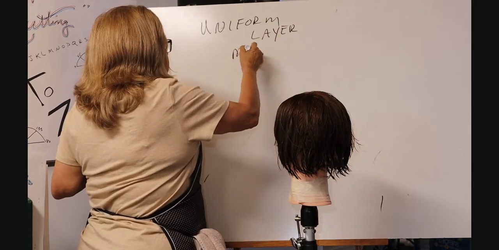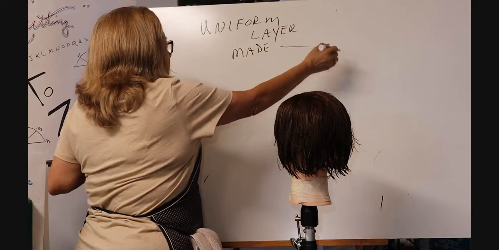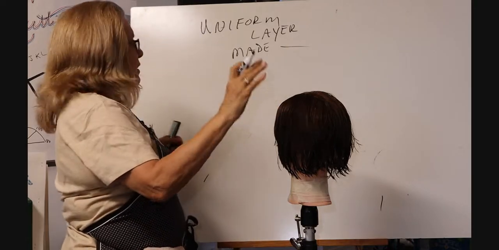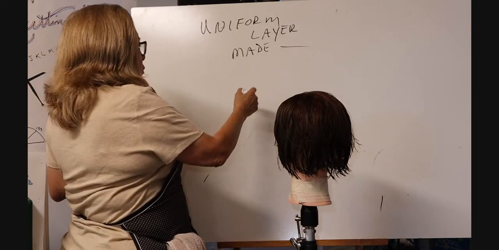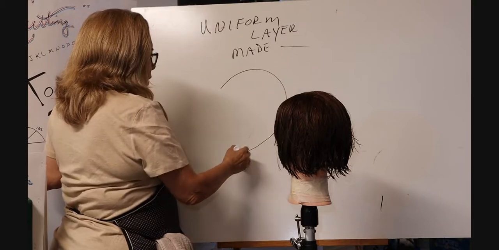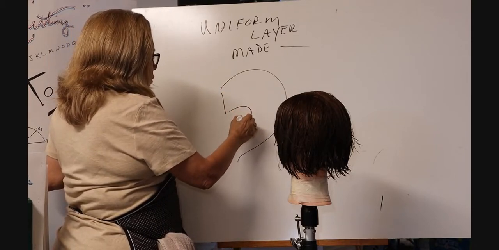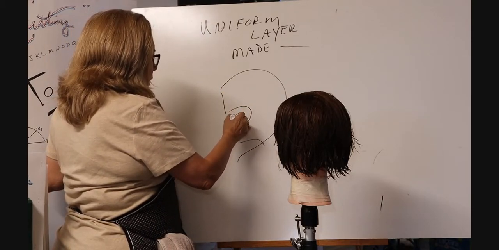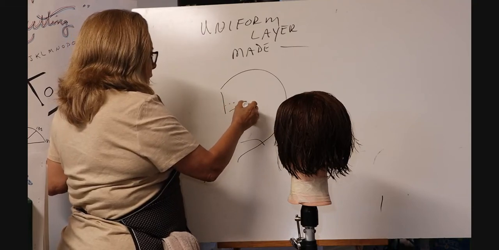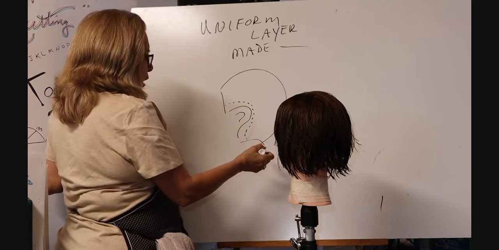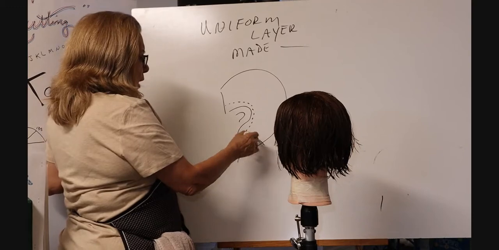Made easy. This is the easiest and most exact way to get it. Uniform layer. So, keep in mind, this is why you diagram. You want to subsection off, especially around the ear. You're going to be okay in the back.